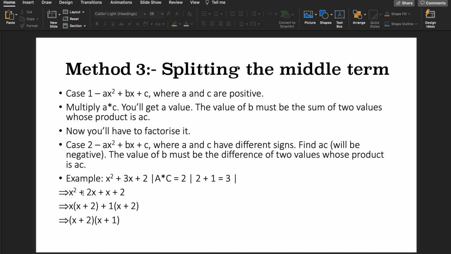So first take these two, just forget about the rest, and factor this. We write x into x plus 2. Now, the common factor of x and 2 is 1. So we write 1 into x plus 2. And now we have to factor it. So it would be x plus 2 into x plus 1. I hope this is clear.